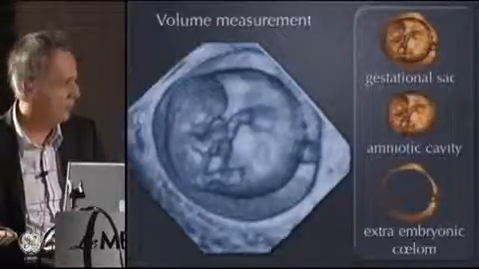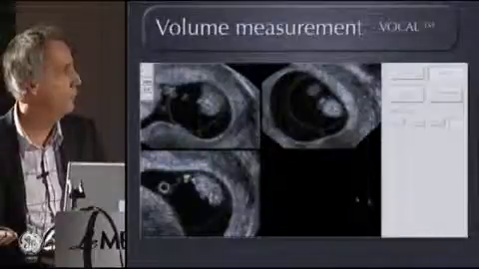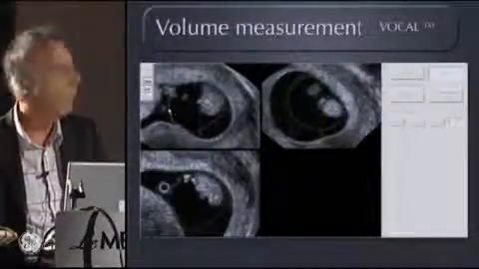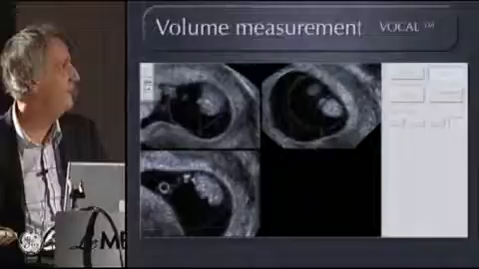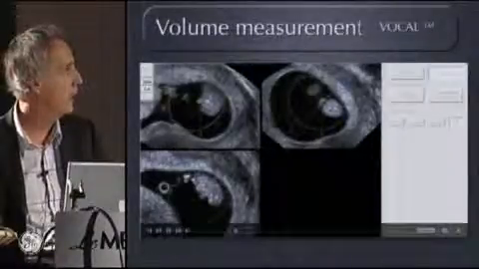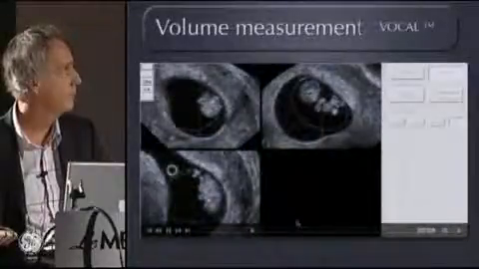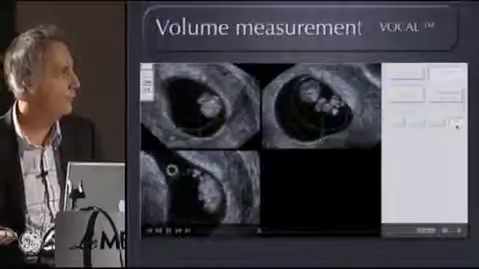And to do the measurement of this part, you can use the VOCAL software. The only thing you have to do is to draw the outline. In this case, I draw the amnion. I choose 30 degrees.